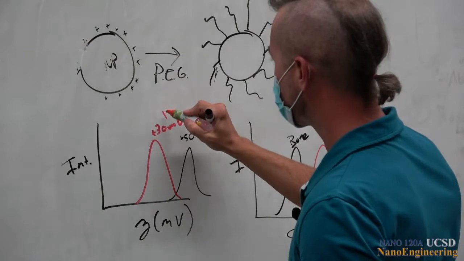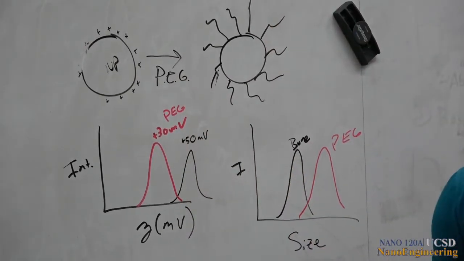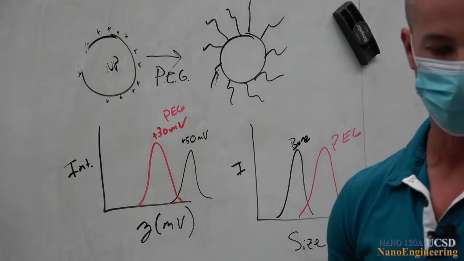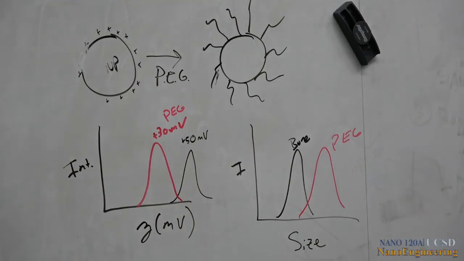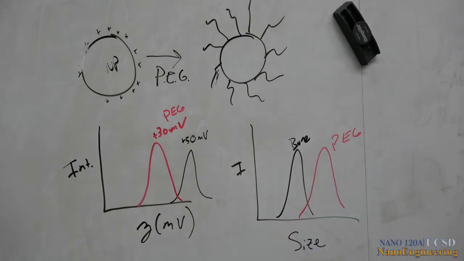So here, PEG is going to slightly decrease your charge, right? So that's another really area of supreme value that measuring the zeta potential has.